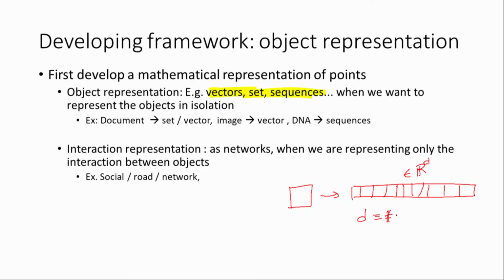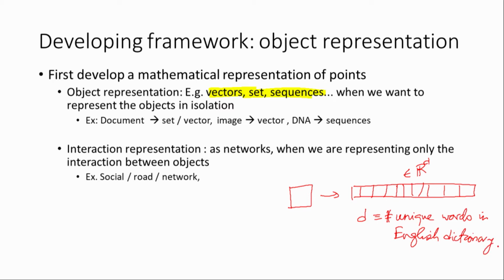So one reasonable way of thinking about a vector representation of a document is that you say, okay, let's have one dimension for each word, right? D corresponds to the number of unique words. Let's talk about documents in the English dictionary.